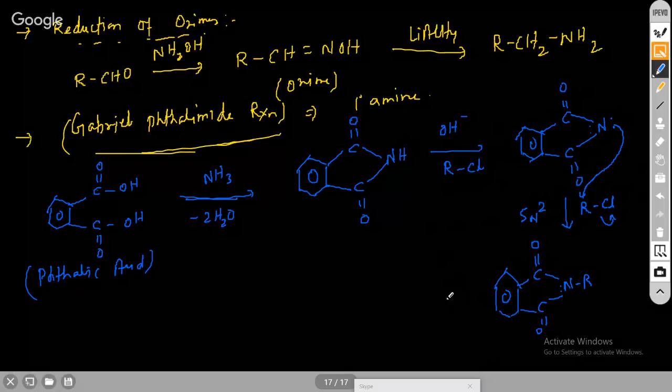This we call alkyl substituted phthalimide. I'll write down the name in the last. Okay, first let me write down: alkyl substituted phthalimide. Right? Now the 2 moles of H2O that we have used, so we are using 2H2O.